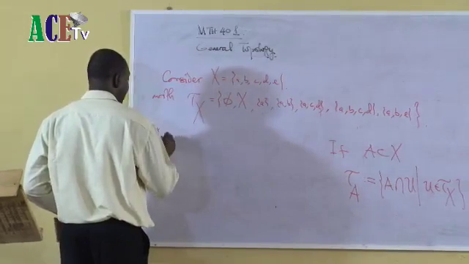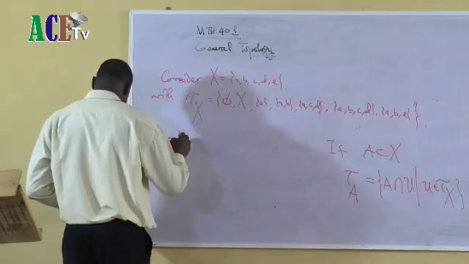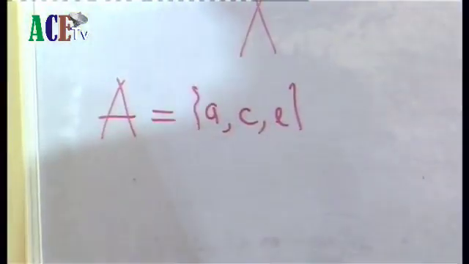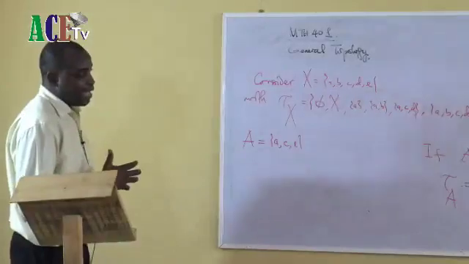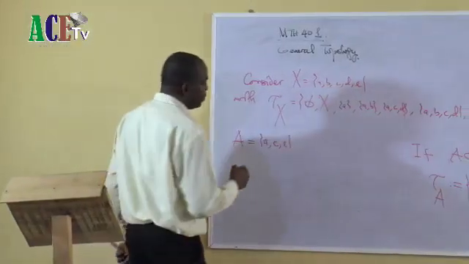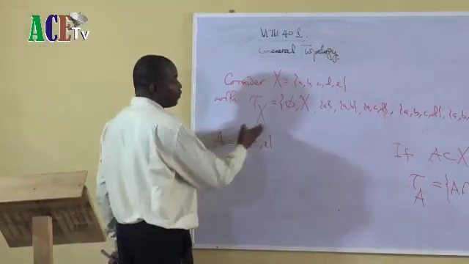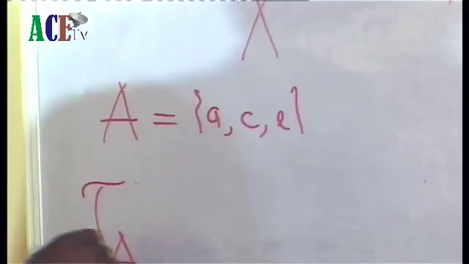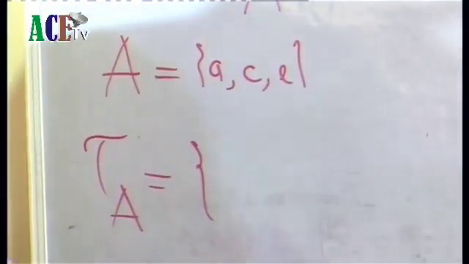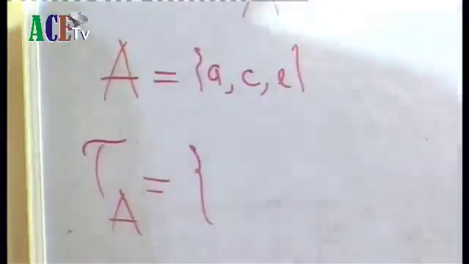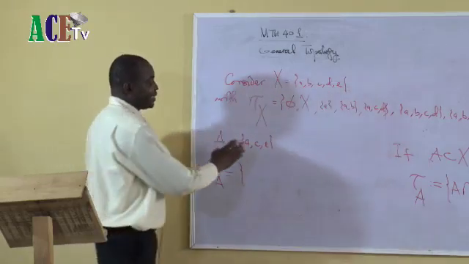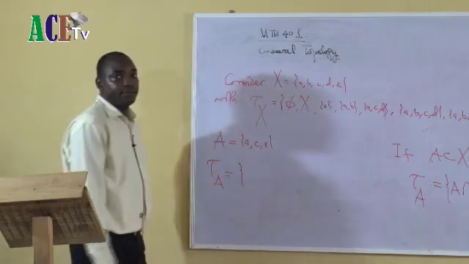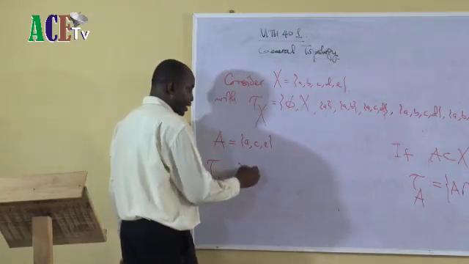And let A here be the set {A, C, E}. If you want to obtain an induced topology on A from X, what do we do? We simply obtain, say, all these are empty sets. What is the intersection between an empty set and A? That is an empty set.